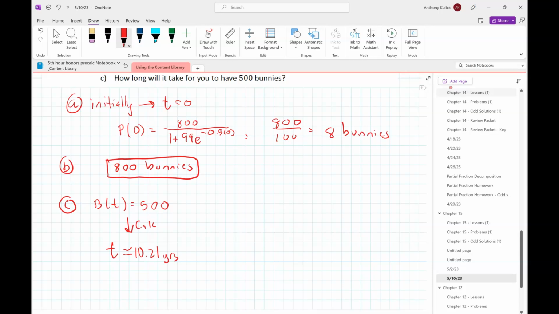Just for grins, let's also solve this algebraically. So what do you want to do as our first step if I want to solve this algebraically?